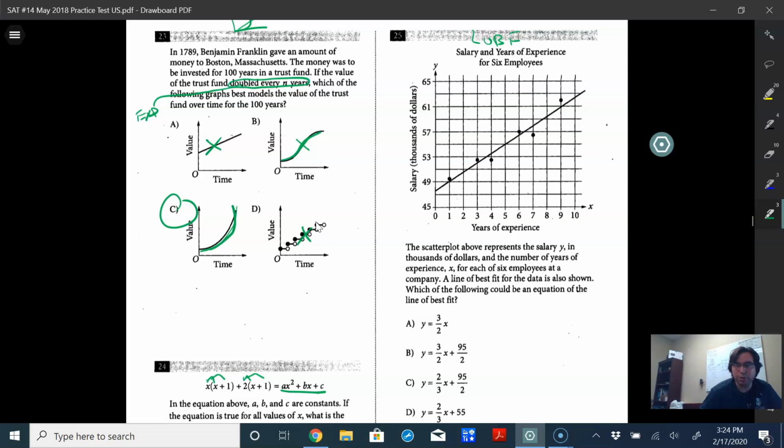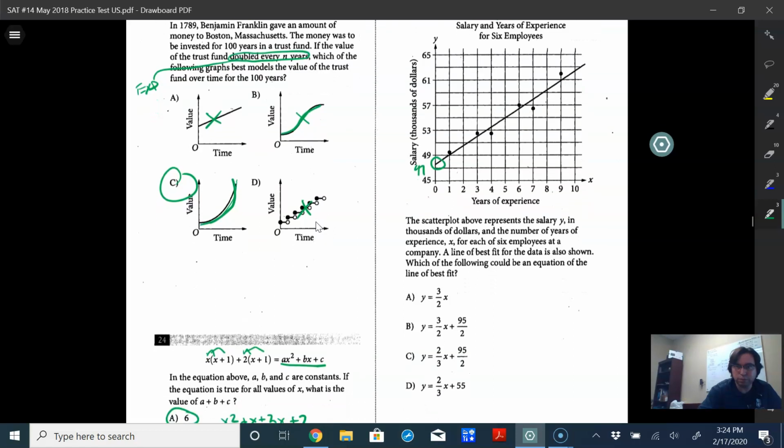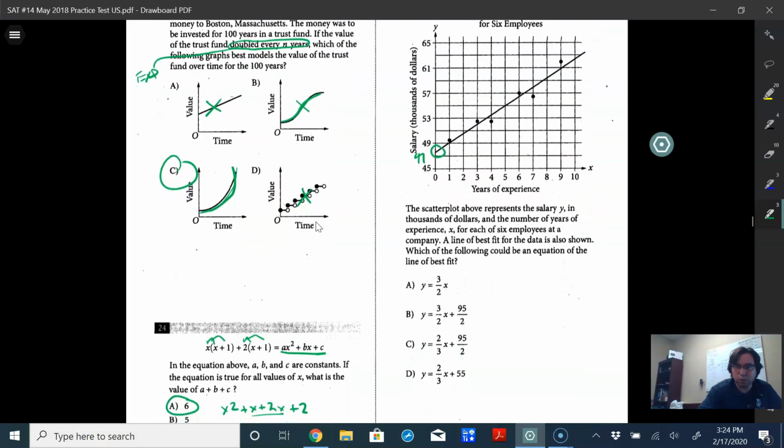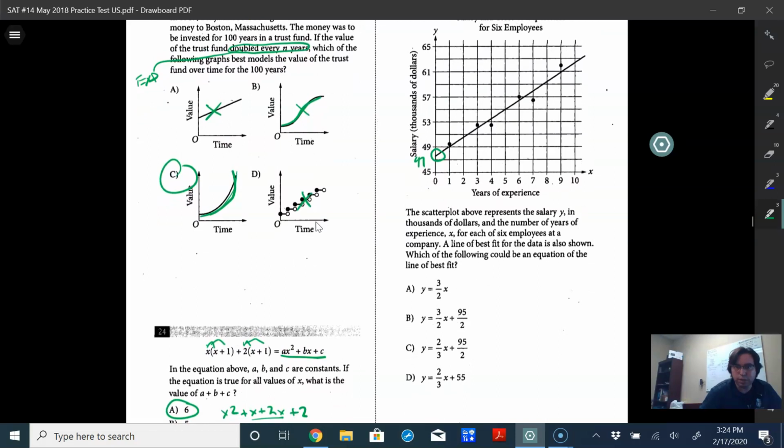Quite honestly, we don't really need to understand what goes on in here; it's not going to help me that much. But what I can see is that my intercept here is roughly about 47 or so. The question asks which of the following could be an equation for the line of best fit.